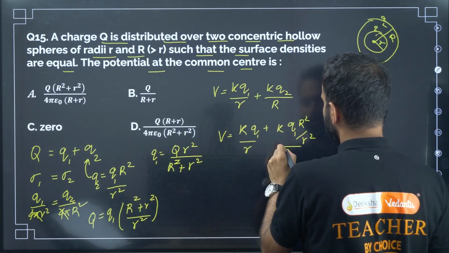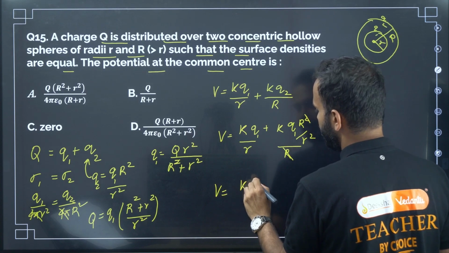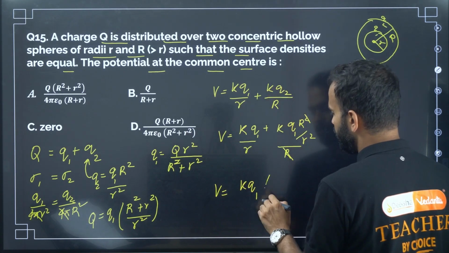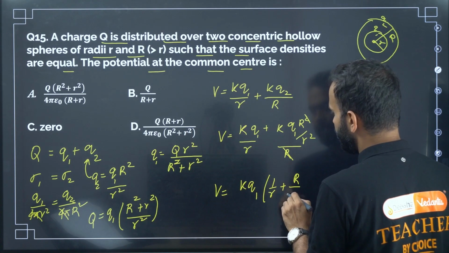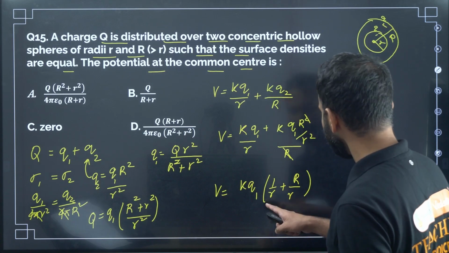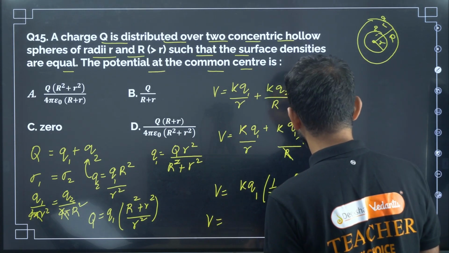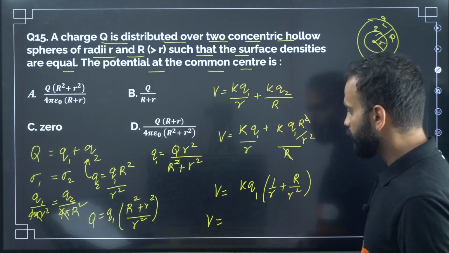Okay, so now here small r will get cancelled. So now V equal to, take KQ1 as common. So here this will be 1 divided by small r plus small r divided by capital R squared.